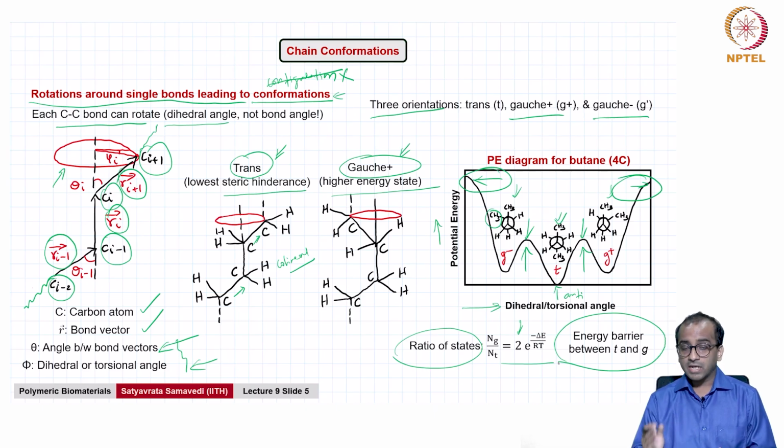Now, you can extend this argument to the entire polyethylene molecule, where each carbon-carbon bond has the option to do this. And you might pause here and think about, will all possible conformations be favored for all the carbon-carbon bonds equally? If your intuition is right, you will immediately see that that will not be true.